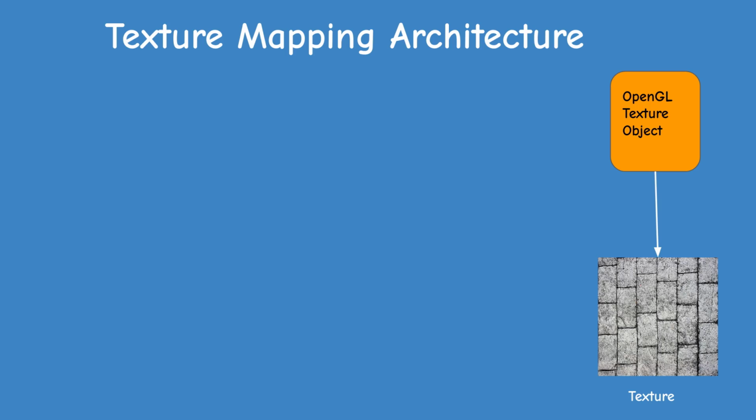We basically have 3 entities that are working together. We have a texture object that contains the texture image itself. You can create many texture objects, and as far as I know, you're only limited by the amount of memory on your machine. However, you cannot make all these textures available to the shader at the same time.